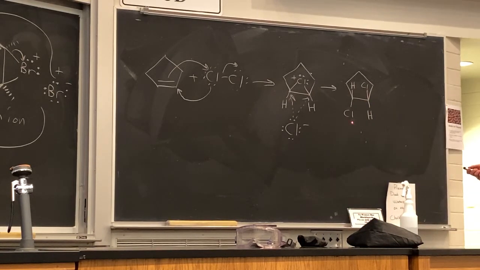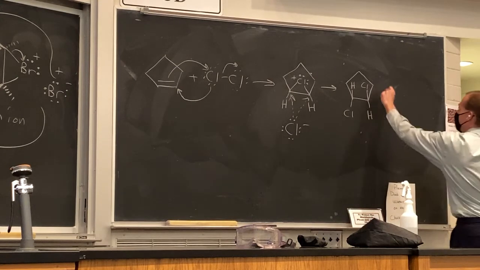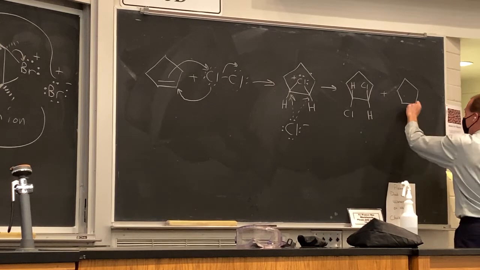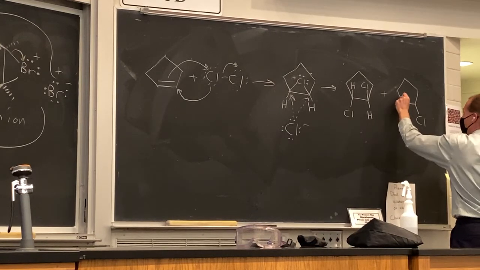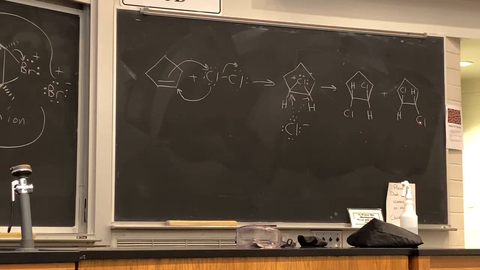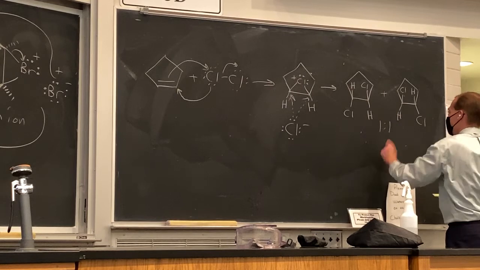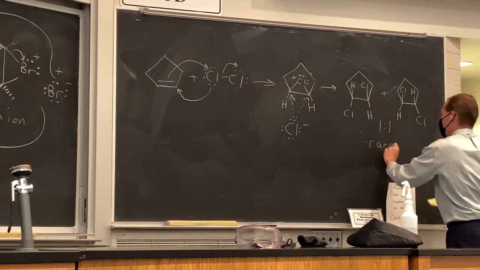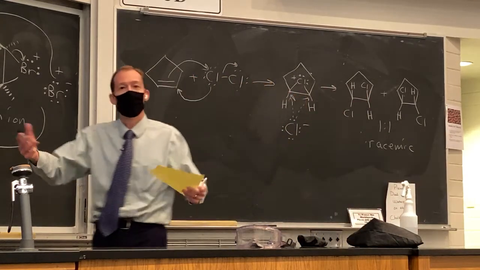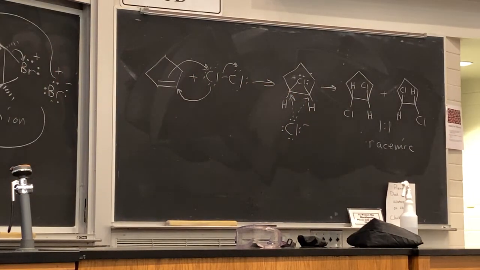This is the product from the chlorine attacking on the left and this compound. This is the product from the chlorine attacking on the right. What's the relationship of these two compounds? They're enantiomers. They're non-superimposable mirror images. So we get a one-to-one mixture of a racemic product. But those groups are both trans. They're not going to be cis to each other.